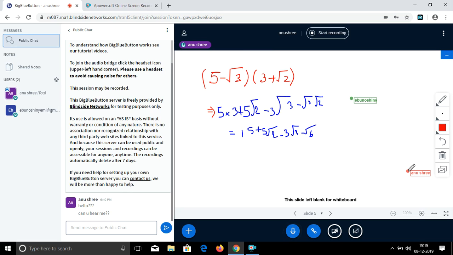Now the next is rationalizing the denominator. So before that I'm giving you 2 or 3 questions to solve.